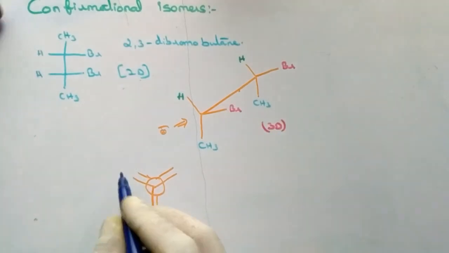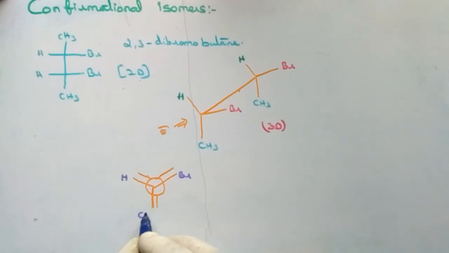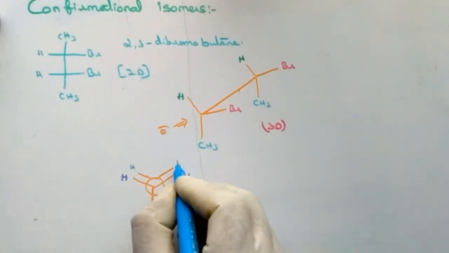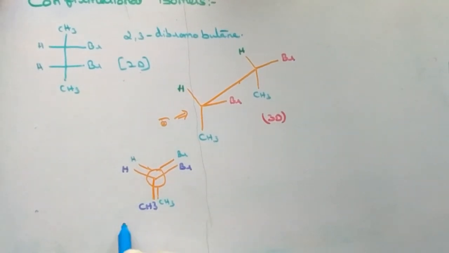So for the first middle carbon: hydrogen, bromine, CH3. So these 3 groups are on the front carbon. Next, the rear carbon: same, hydrogen, bromine, CH3. So this is how it will look while we are seeing from the front carbon.